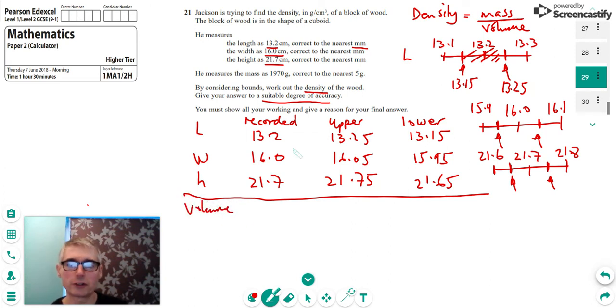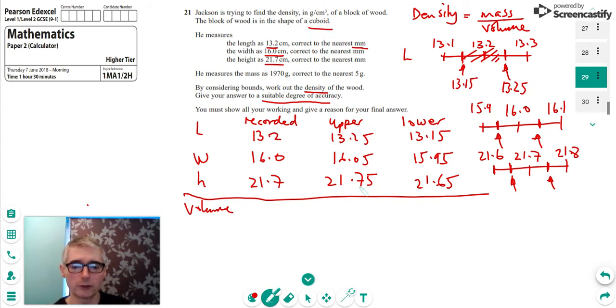We don't have a recorded volume because we're going to need to calculate it from these upper or lower boundaries. To get the upper volume, we'd multiply length times width times height, because it is a cuboid. So the formula for a cuboid is length times width times height.